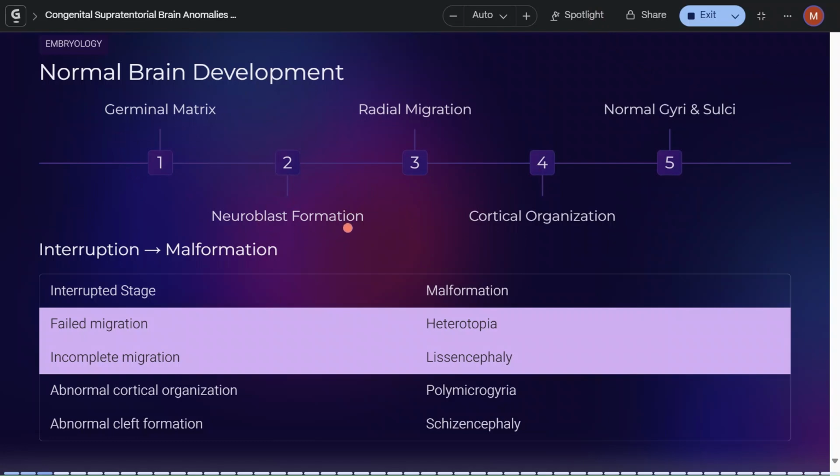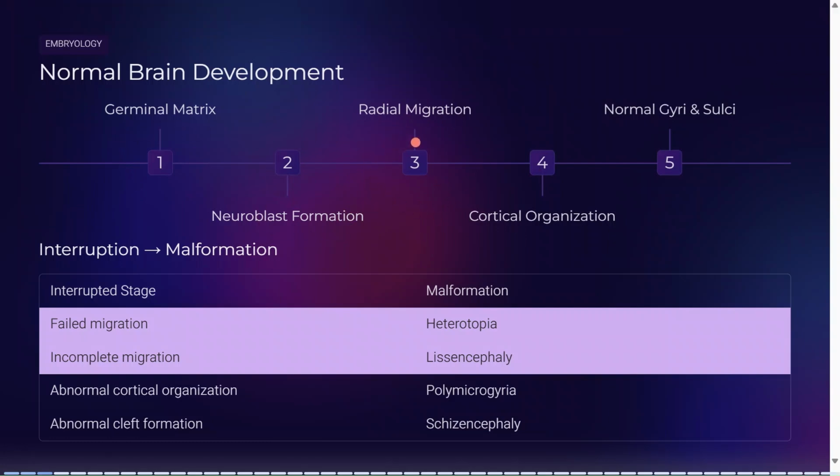Interrupt this process at any stage and you get a predictable malformation. So another division: if there is failed migration, there will be heterotopia. If there is incomplete migration, there will be Lissencephaly. If there is abnormal cortical organization, there will be polymicrogyria. And if there is abnormal cleft formation, like a post-migration thing, there will be Lissencephaly.